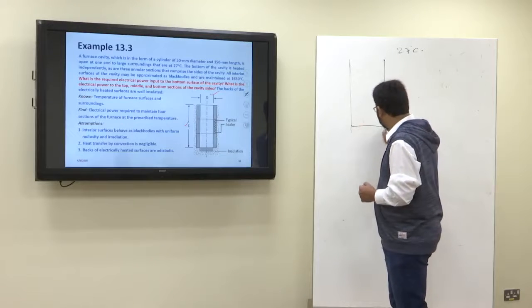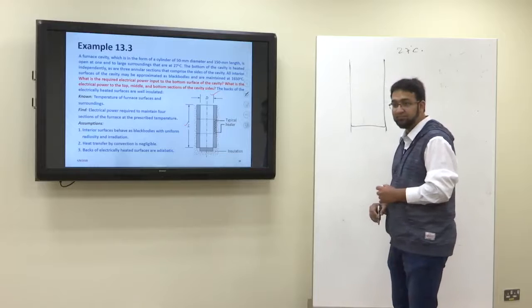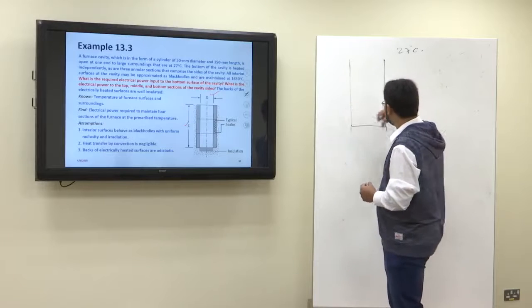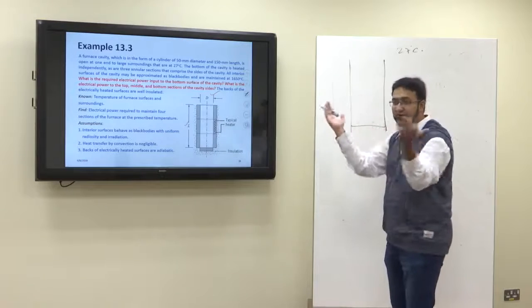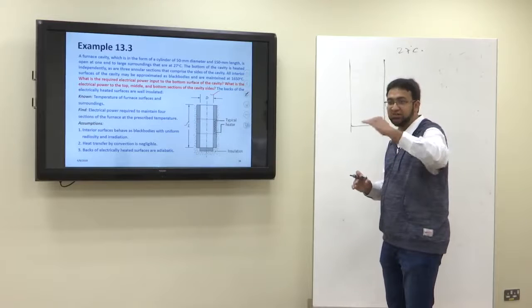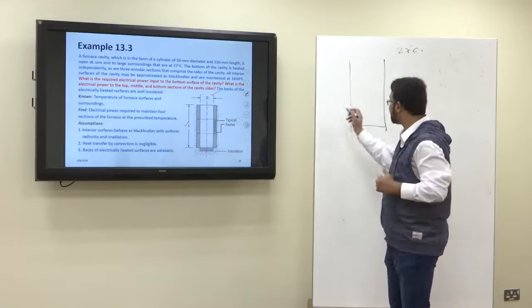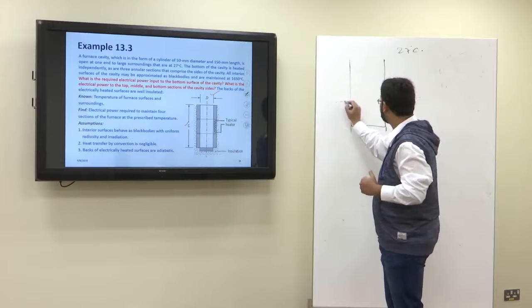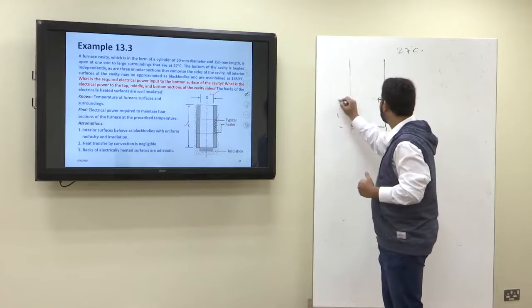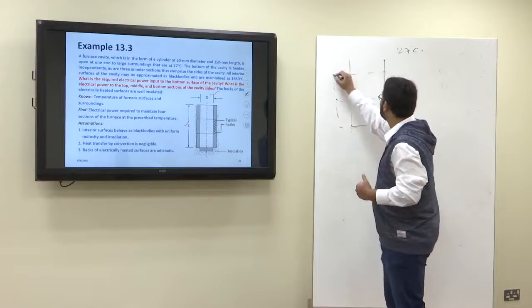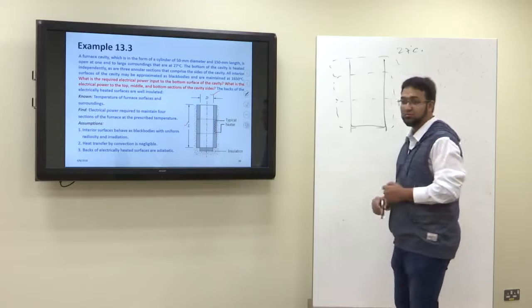Now the bottom surface is heated separately, and the overall body of the furnace is heated in three separate sections. So I have this section as section 1, then this is the other section, then this is the third section.